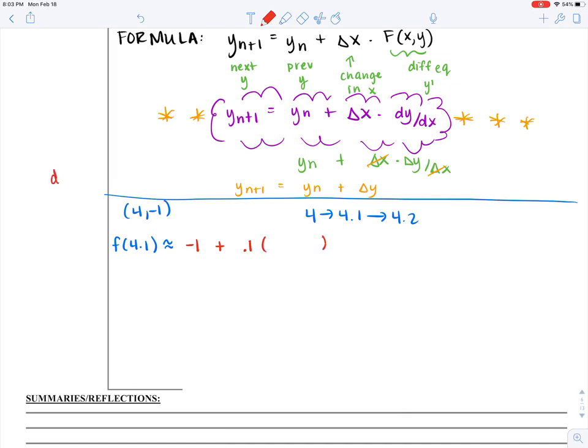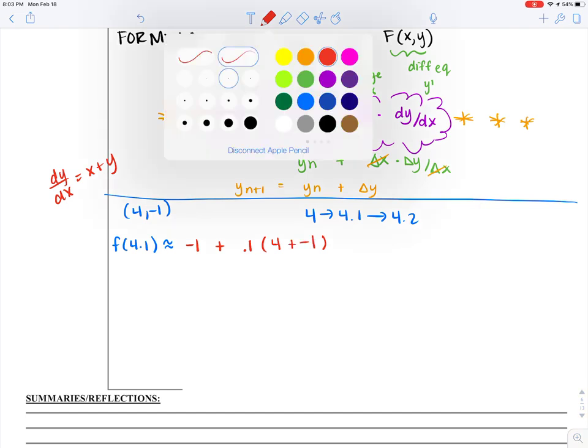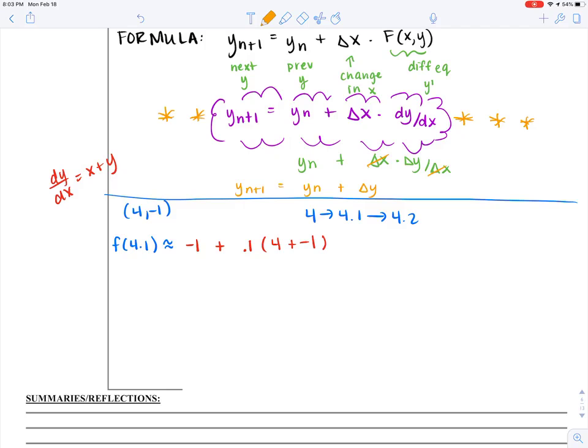Now, let me go ahead and remind you that the given dy dx from the problem was x plus y. So I'm going to plug in x plus y, the previous x value and the previous y value. So nowhere am I using 4.1 in this equation. I am using the point we're starting at, okay?